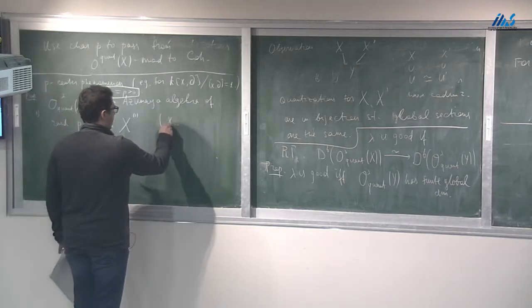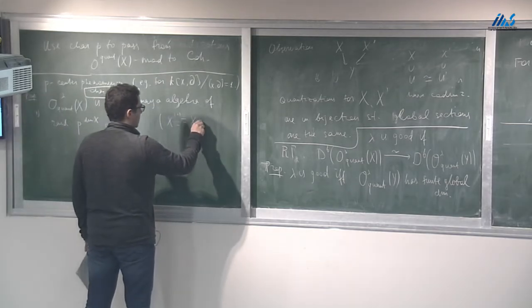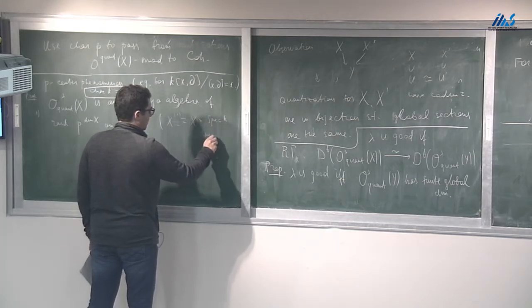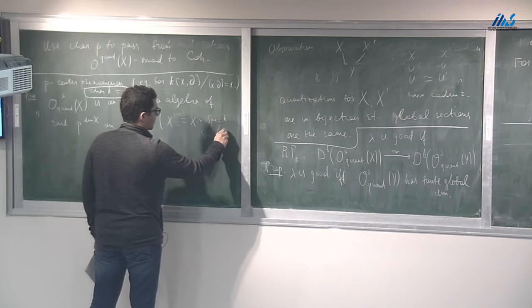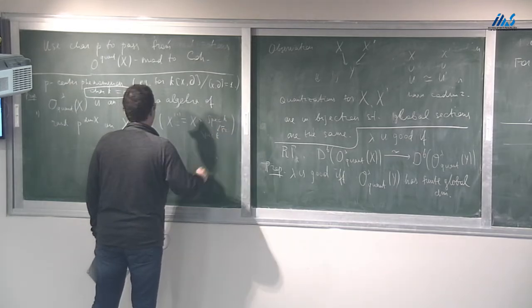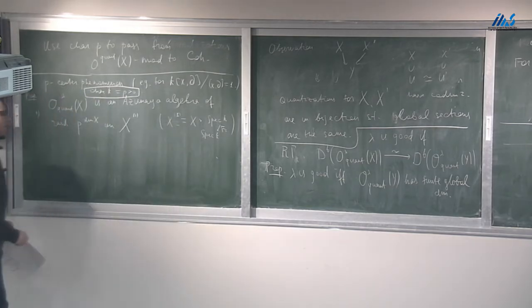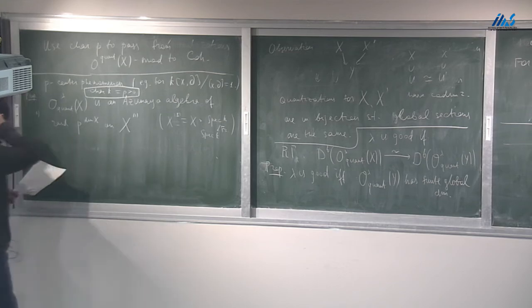X1 is X times over spec K, where this is the Frobenius map. But it's isomorphic to X, so I will maybe be omitting this from the notation.